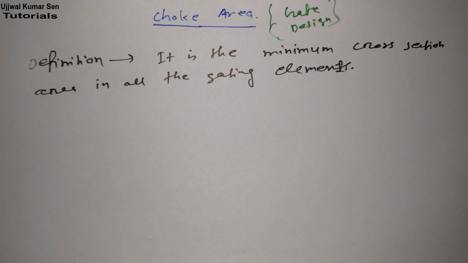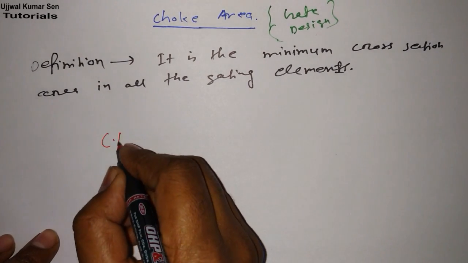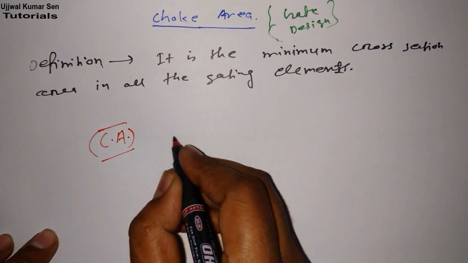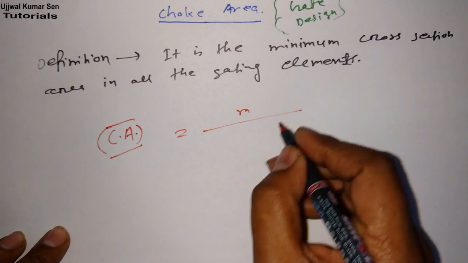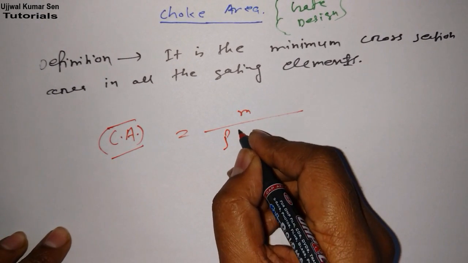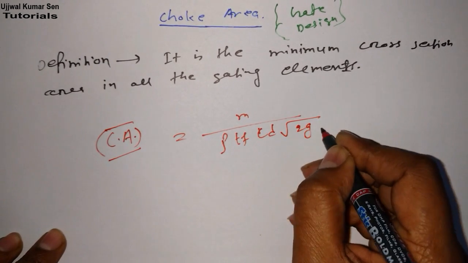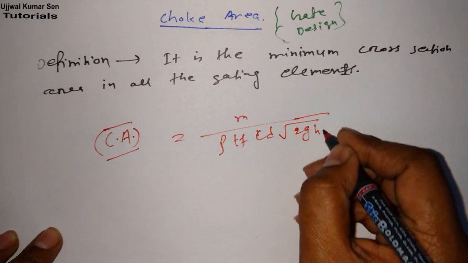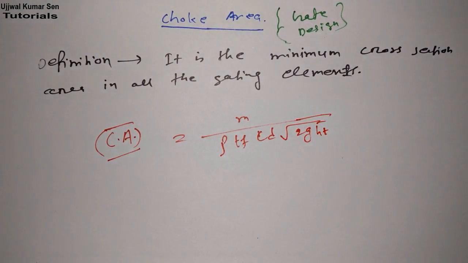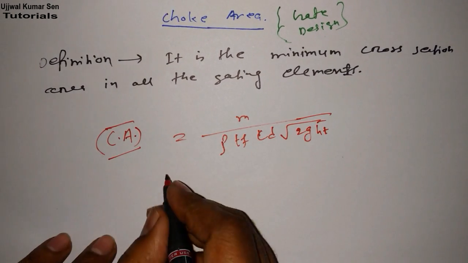Right now, why I am sharing this video: I wanted to share with you the numerical formula. Choke area is equal to m by density times filling time times coefficient of discharge times root under 2g h t, where ht is the total height. So let me share with you what is m.